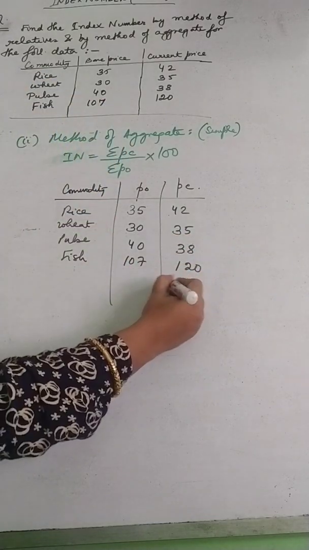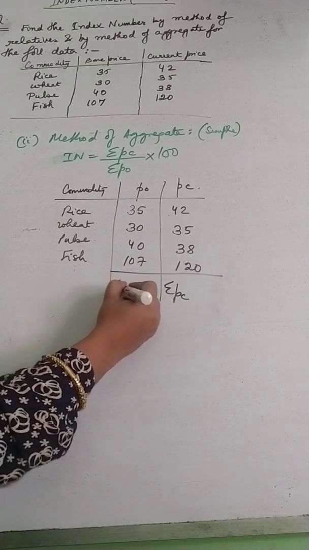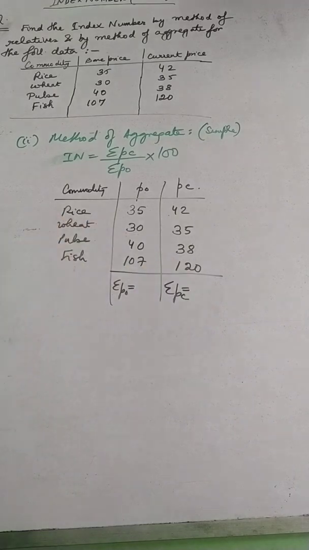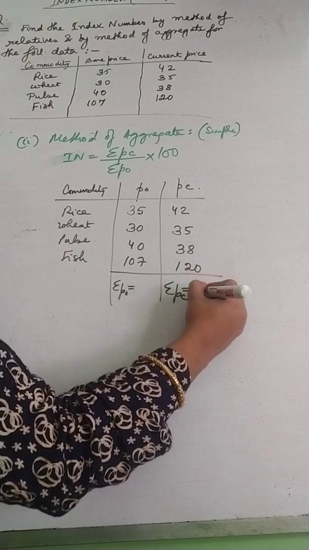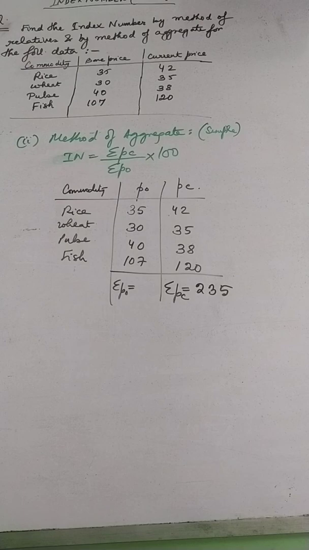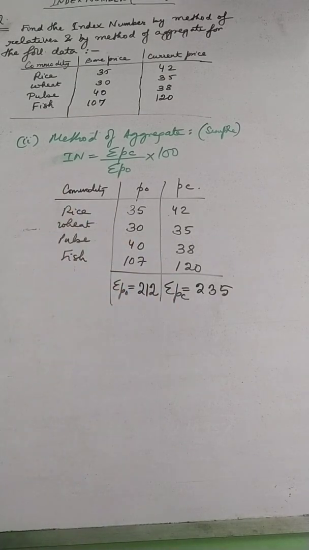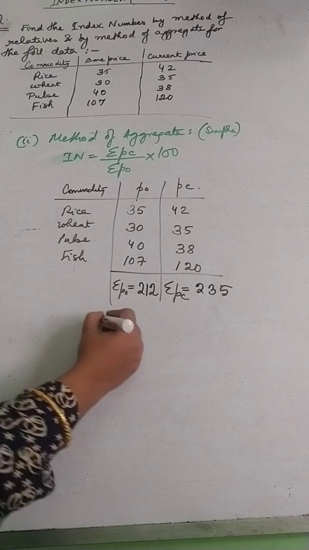Summation PC means I have to add up this. Summation P0 means I have to add up this. So what does it come to? Adding up, this is coming to 235, and this value is coming to 212. Okay, so what is the IN therefore?